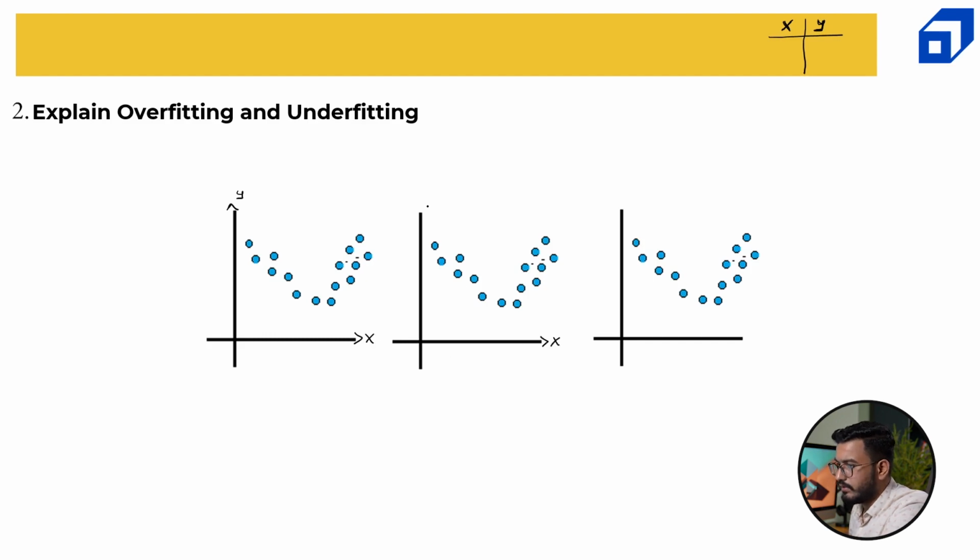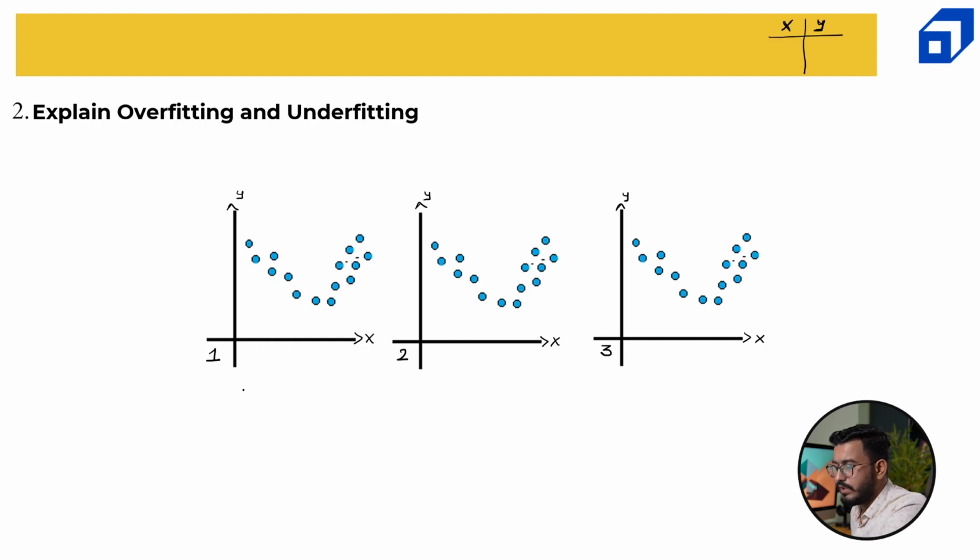Similarly, this is x, this is y, this is x, this is y. Now let's call this figure number 1, figure number 2, figure number 3. Now let's try to fit different models on each of this same data. Please remember, figure 1, 2, 3 consists of the same data, but we have plotted it 3 times.